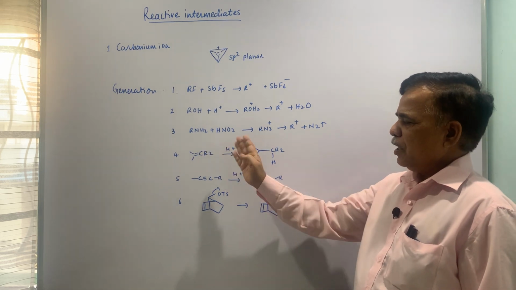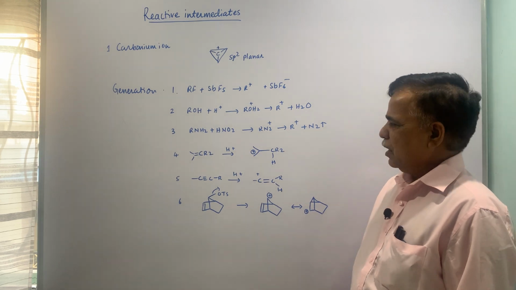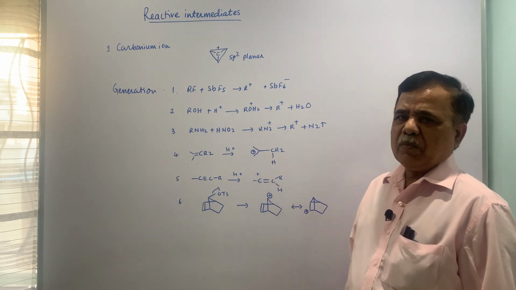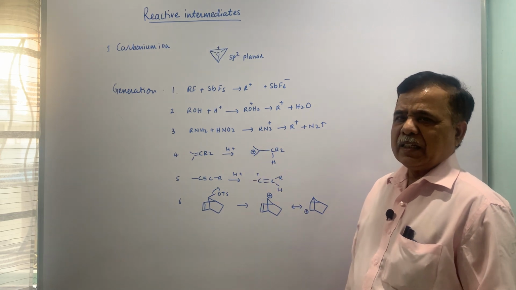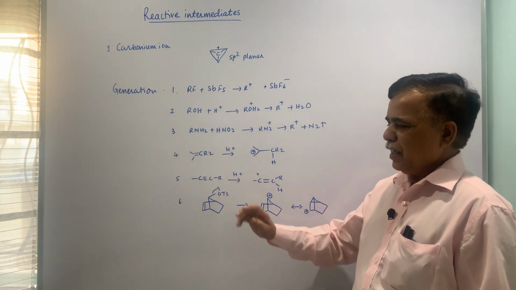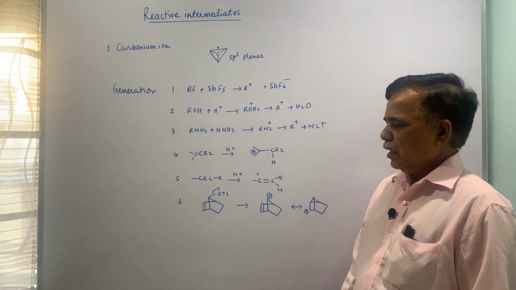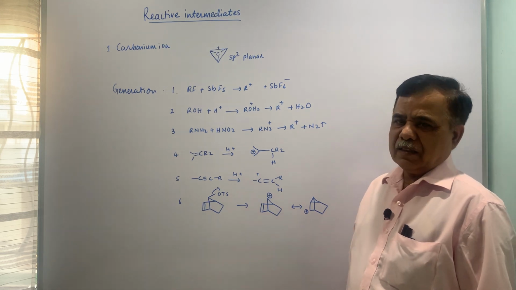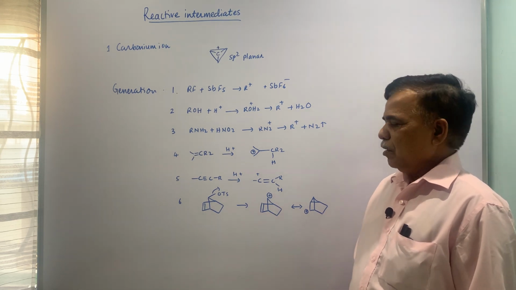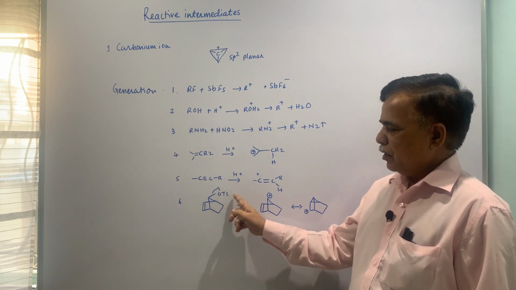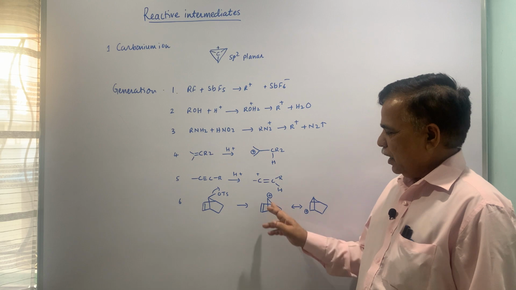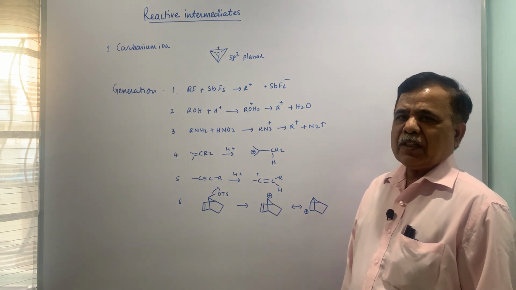So pi electrons are donated to H plus and the carbon hydrogen bond is formed and a positive charge is induced in the system, so as in the case of triple bond. And last thing is the solvolysis of the tosylate, giving the positively charged species.